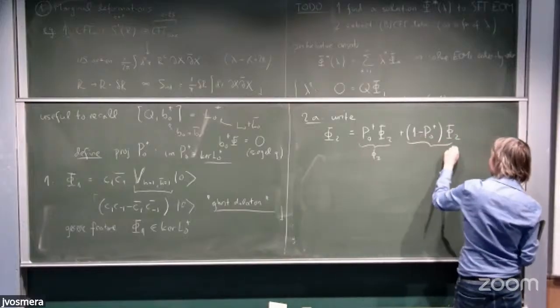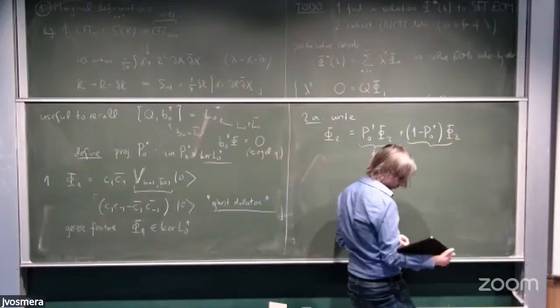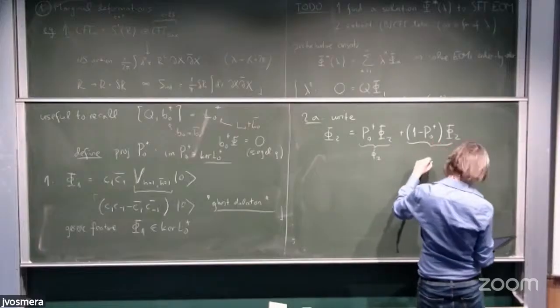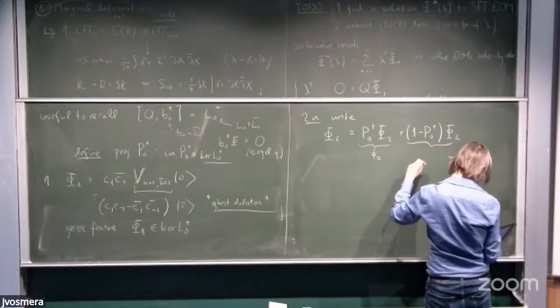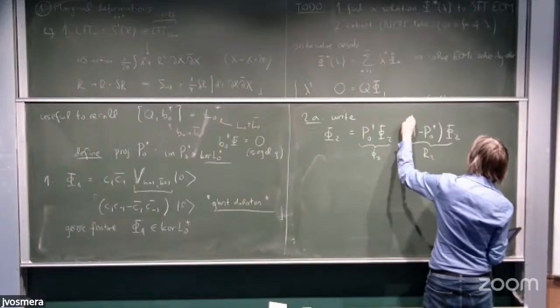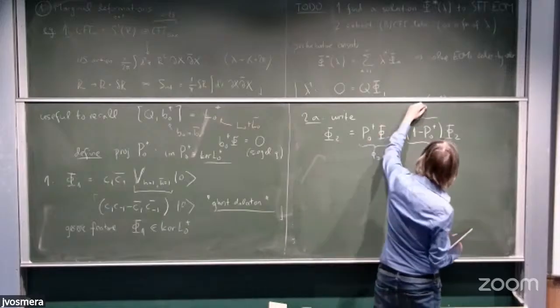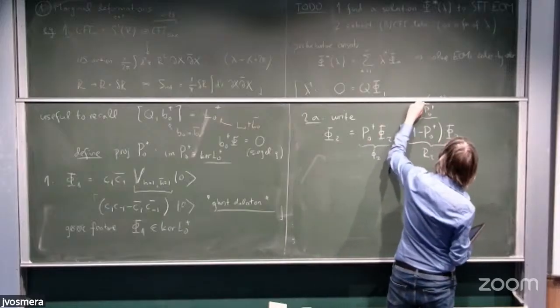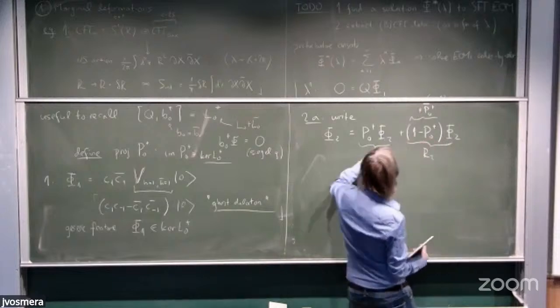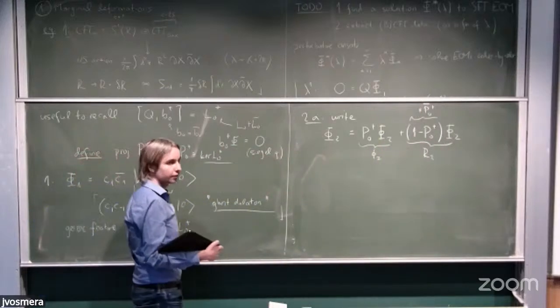The part which projects inside the kernel of L0 plus I will call phi 2, and the part which projects outside of the kernel of L0 plus I will call R2, and also this conjugate projector 1 minus P plus I will call P plus 1. So that is step 2a.